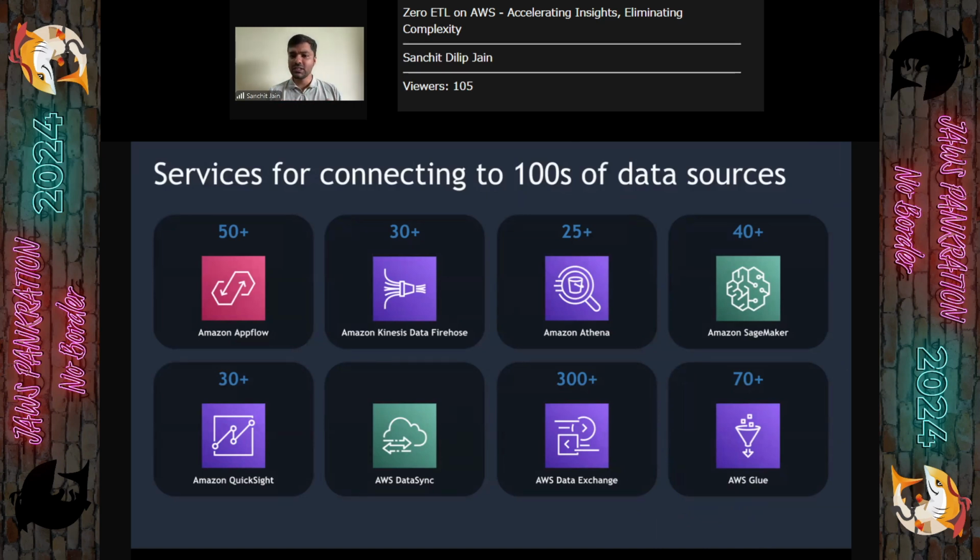Whichever services you're leveraging, whether it's Airflow, Kinesis, Athena, Data Exchange, DataSync, QuickSight, or Glue, AWS provides connectors out of the box to simplify your entire data ingestion process. So if you're looking to ingest data, before writing complex code, look into the AWS documentation for the services. Maybe you're trying to reinvent the wheel. The connector is already provided by AWS and you can leverage that.